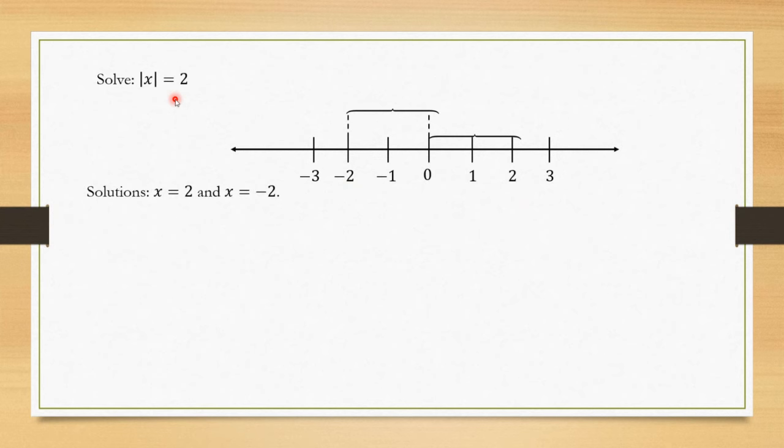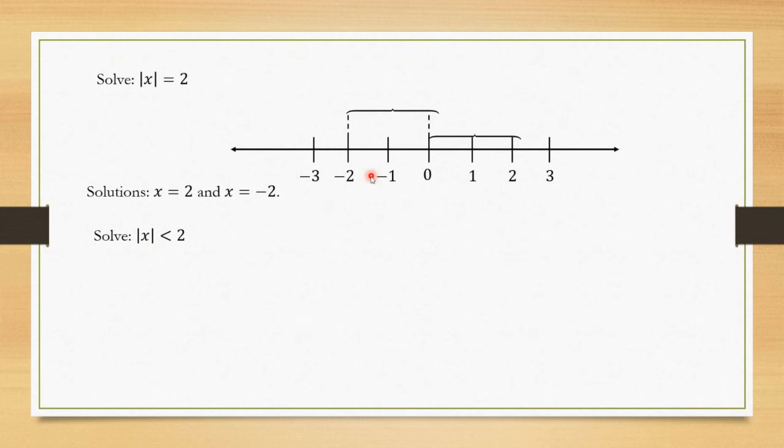Now let's take that a step further. What about this? If you think about it, what is this really saying? We want all numbers whose distance from 0 is less than 2, so all numbers within 2 units from 0.